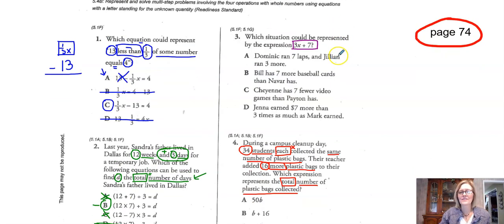This one was a little different. We need to find which one of these situations could be represented by the expression 3x plus 7. Well, when you have a number written by a letter, it means that you have to multiply that number by that letter x.